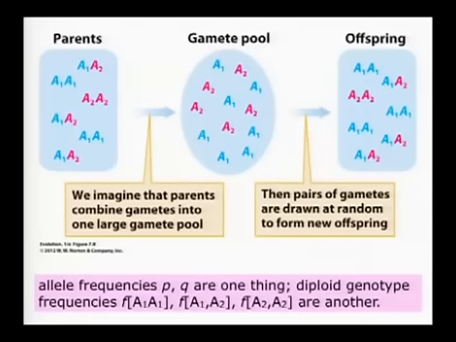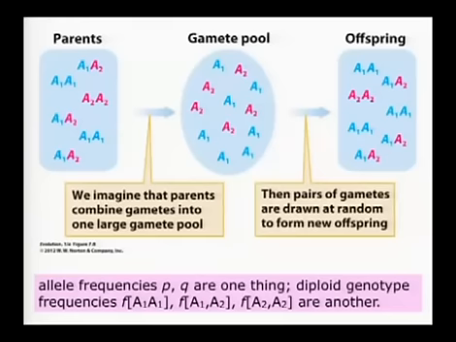Because 100% of the 60% are going to contribute A1 alleles, and then there's 20% of them that are heterozygotes, and half of those are going to be A1 alleles, so you end up with 70-30 in the population, in the gene pool.